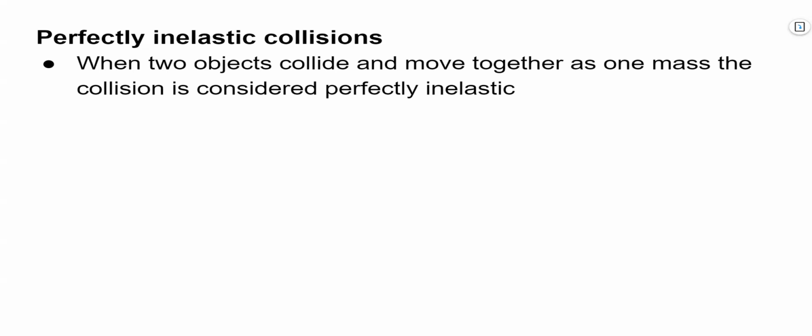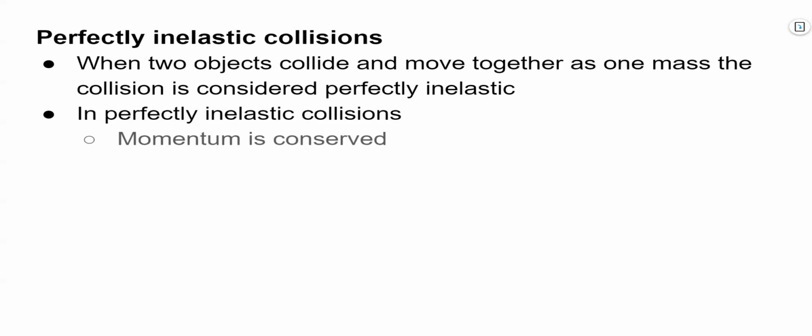So think about a meteor that strikes Earth and becomes embedded in the surface of Earth and continues then to move with the Earth. That would be perfectly inelastic. Two football players, one tackles the other one, and they go flying to the ground together. They've combined their masses together and are moving as one unit towards the ground. That would be perfectly inelastic.